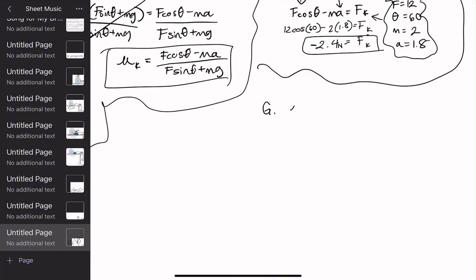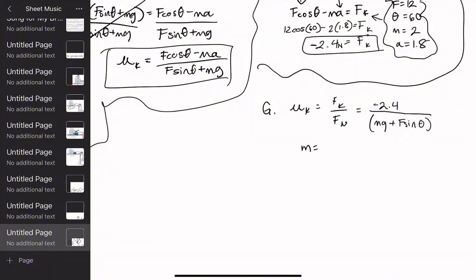So for part G, we know that the equation for mu k is Fk over Fn. And we can just expand this. We know that Fk is just negative 2.4. And then Fn we solved for earlier as well, which is mg plus F sine theta.